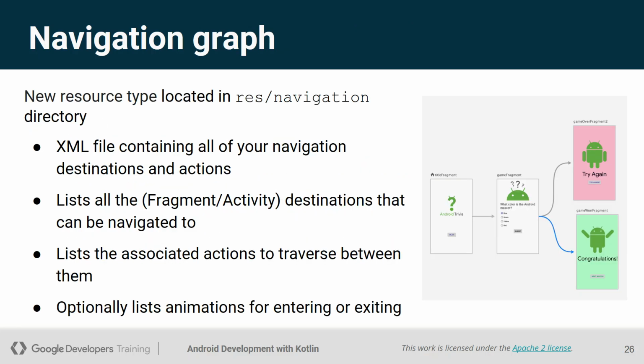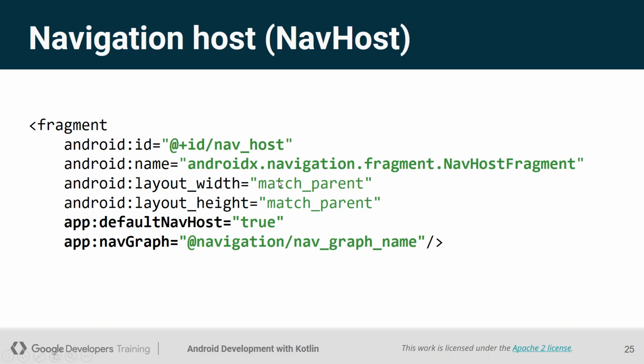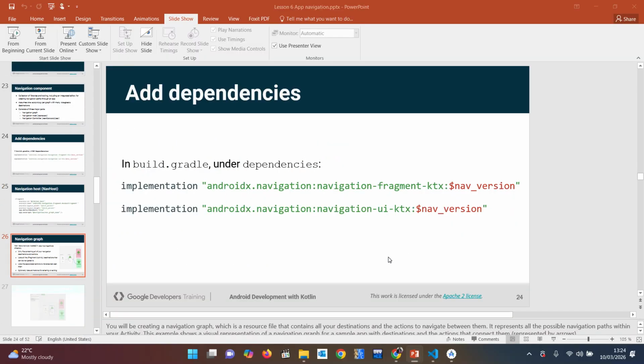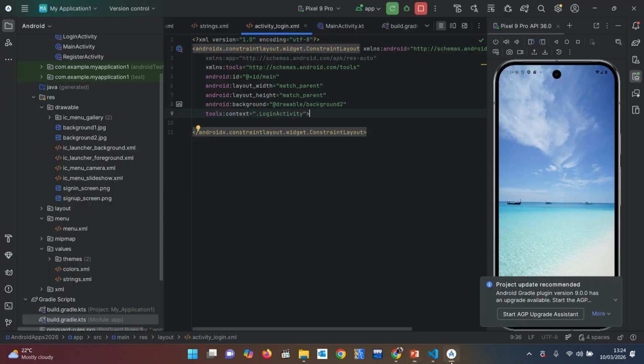Then we come here. Once you have defined them, you will have to create another folder here called navigation in the res folder. So it's a directory. So we can do that and create a navigation directory here.